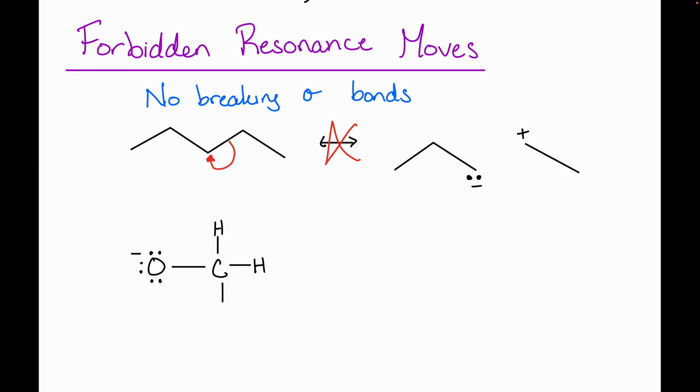All right, likewise, in the previous example, we had a lone pair from oxygen come down to form a new double bond. So at first glance it might look similar to what we did above, but what's the problem here?